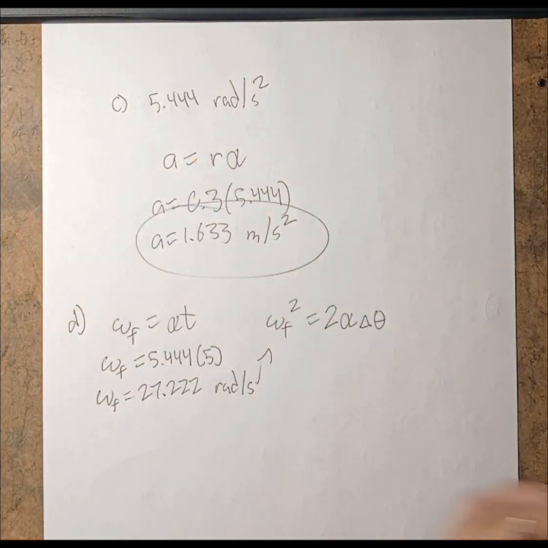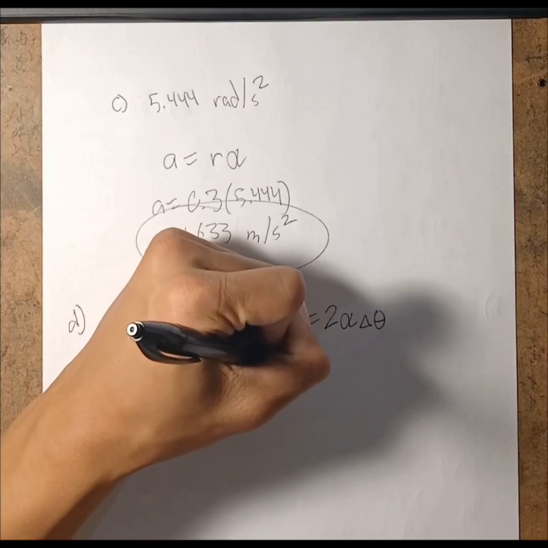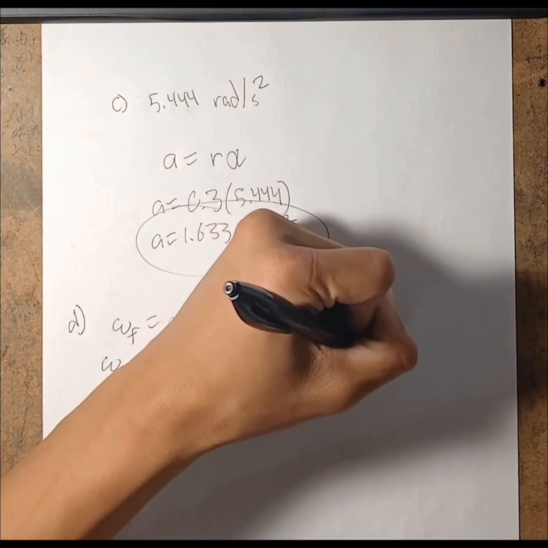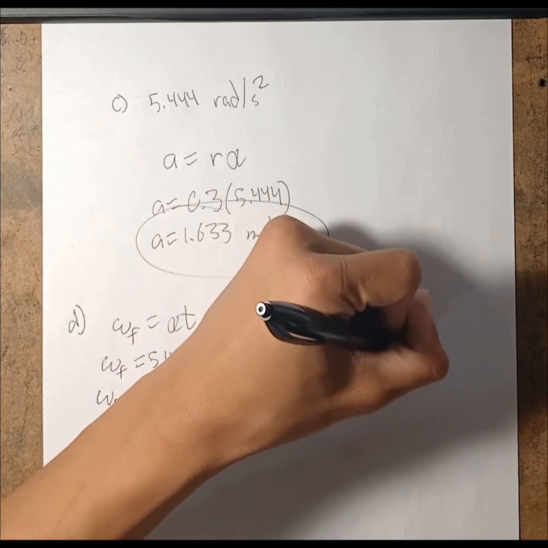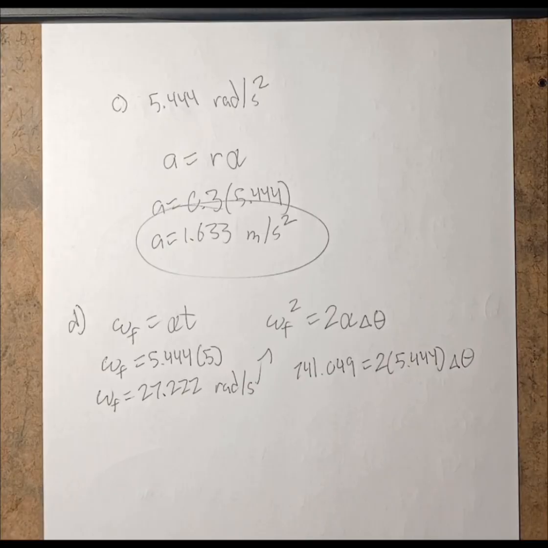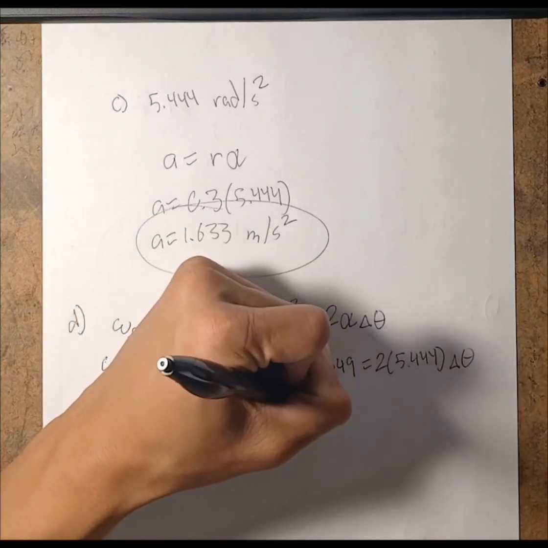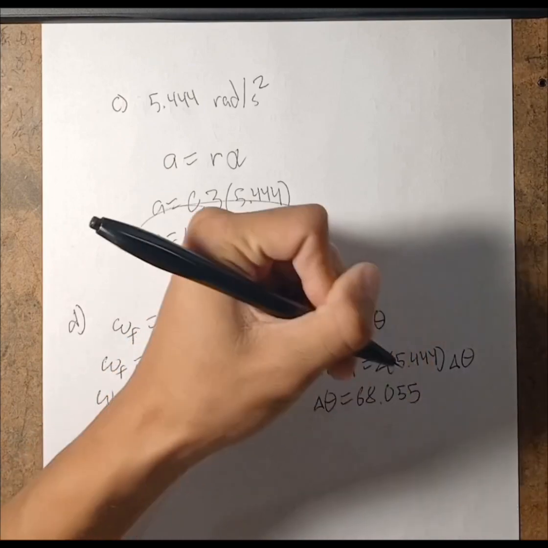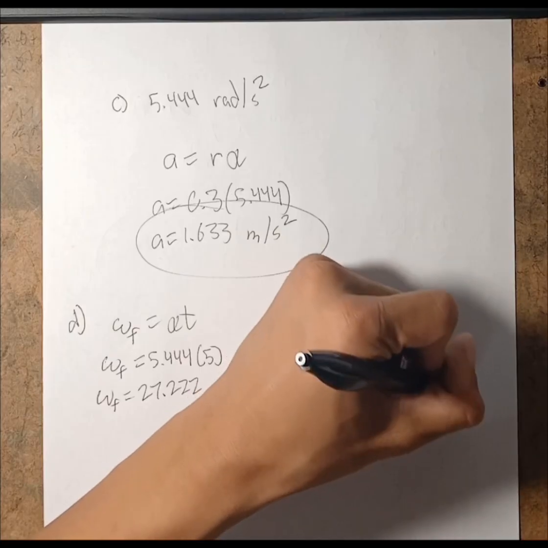Plug that in here. So square it, and you get 741.049 equals 2 alpha, which is 5.444, times delta theta, and then just find out what delta theta is. Delta theta equals 68.055 radians.